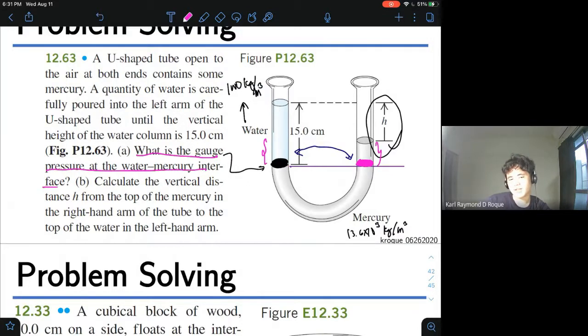Ano yung mga formulas na discuss natin? Siguro na relevant dito. P equals P naught plus rho GH. Pero, gauge pressure. So, dali. Ano na lang yan? Super giveaway.